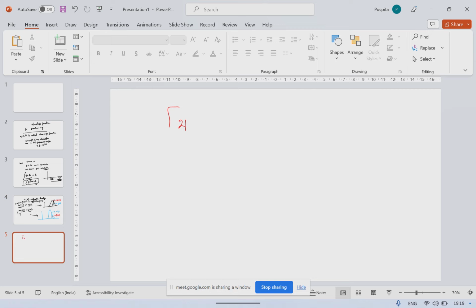tau 21 changes. What is tau 21? Total number of stimulated emission per unit volume.